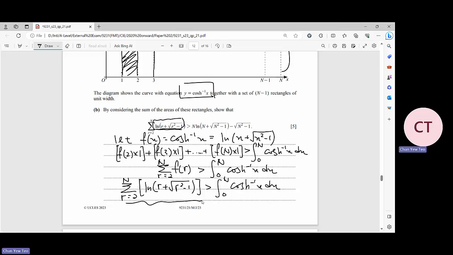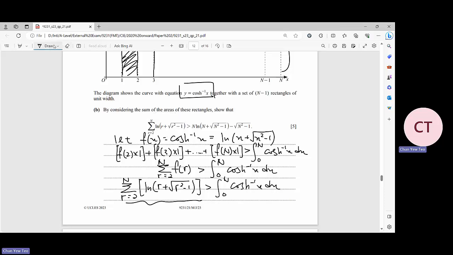Now you can see my left-hand side is already settled. I already successfully made it the same as the statement given.